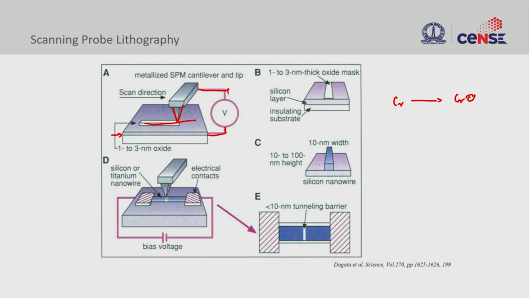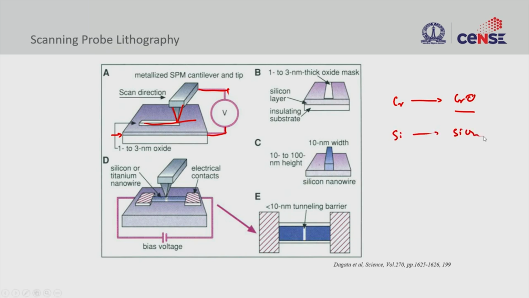There is electron migration lithography, which uses the same type of process, where you apply a high electric field that creates oxide, which creates electron migration. You can also oxidize the surface. For instance, if you take silicon and apply a very high electric field, you can create silicon dioxide.